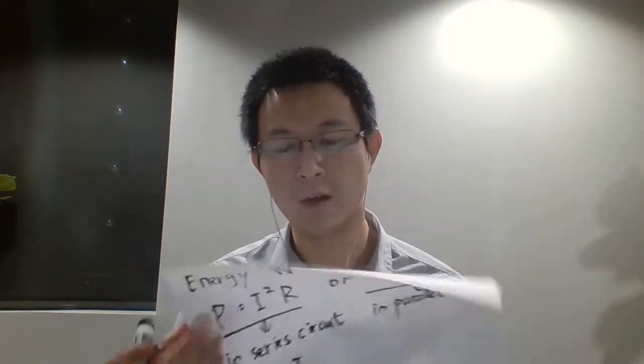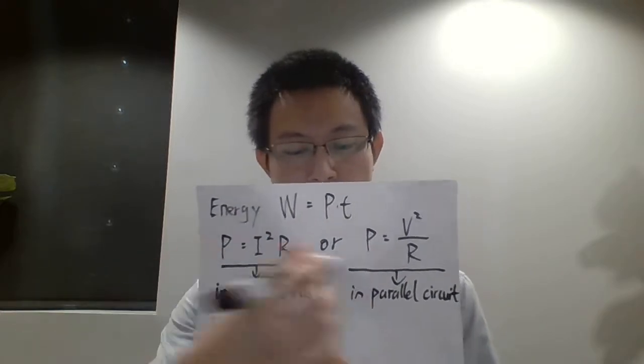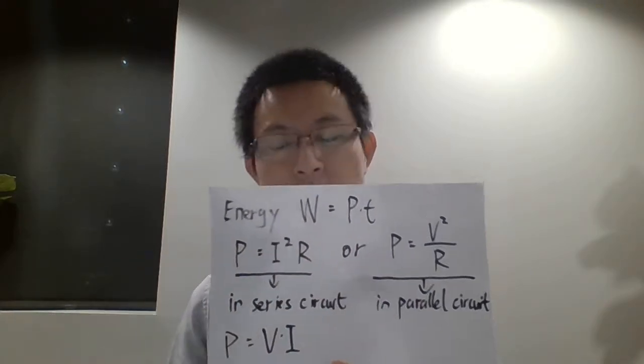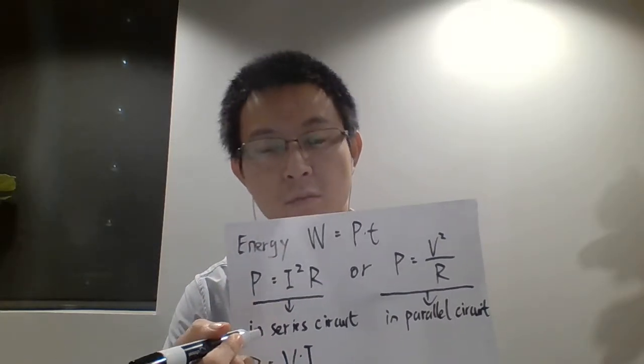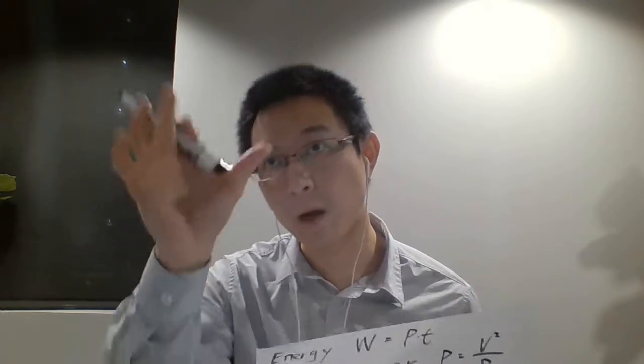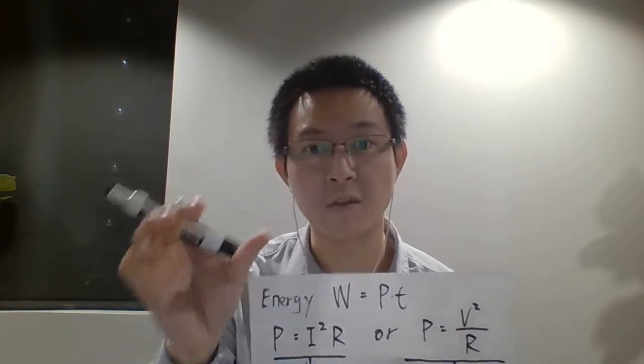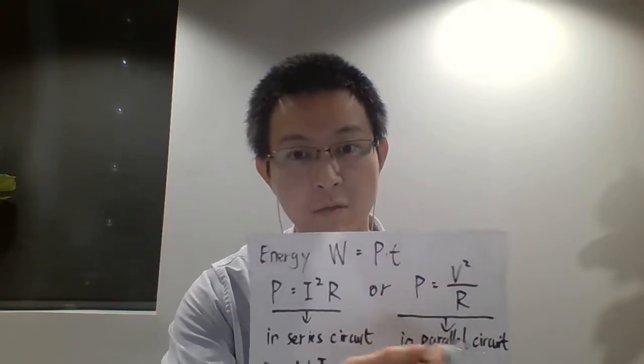In a series circuit, the current is equal everywhere, so it is easy to use the current. For parallel parts, the voltage is all the same, so it's easier to use the voltage. That's about energy and power.